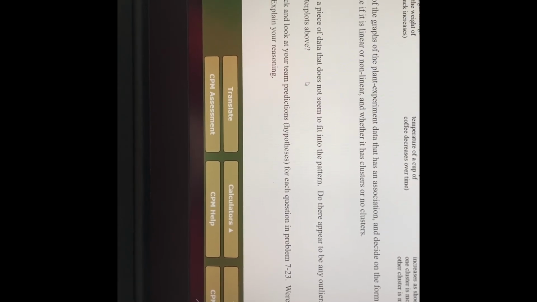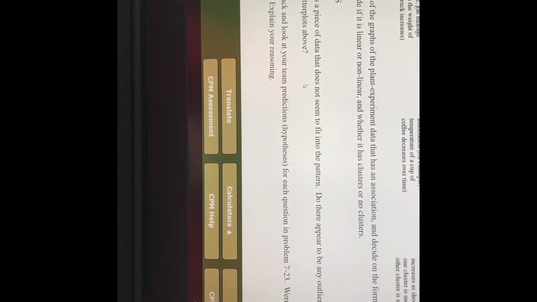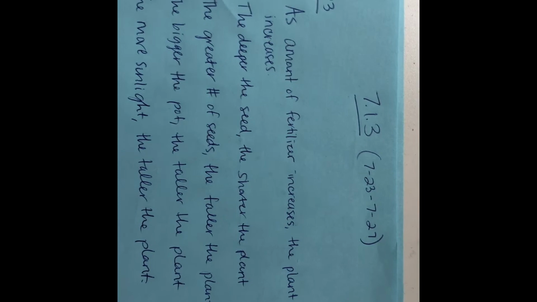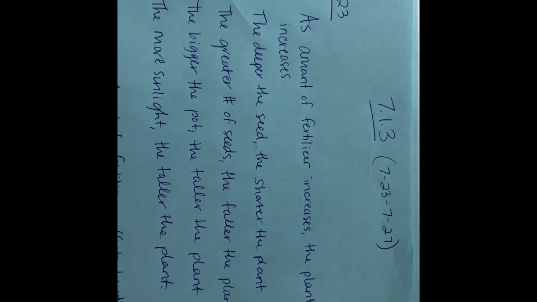So now for part E, it says go back and look at your team predictions. Were your predictions accurate? And explain your reasoning. So now we're going to go back to our original hypotheses, and we're going to check and see if they were accurate.